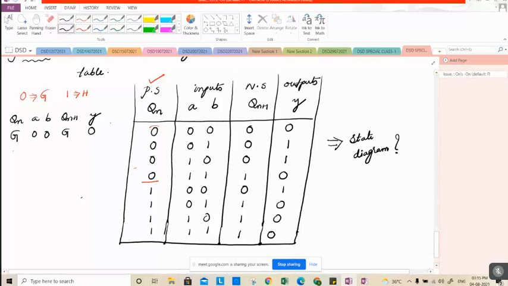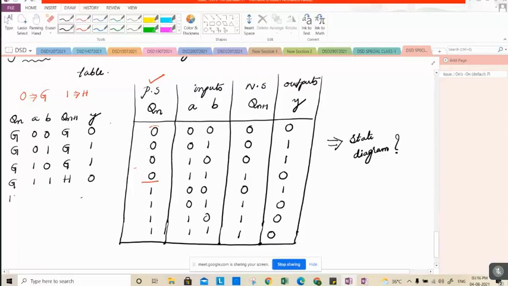This is 0 only. Now if this is G and the input is 0, 1, the next state is again G with 1, and G with 1, 0 is again G with 1. G with 1, 1: the next state is H with 0.